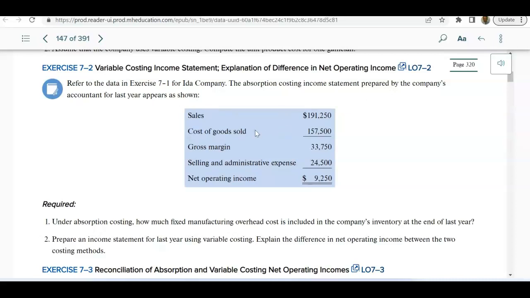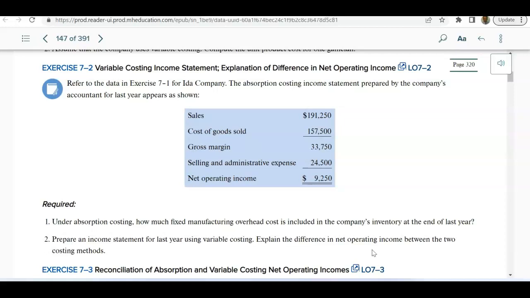Sales minus cost of goods sold gives you gross profit. Gross profit minus operating expenses gives you net operating income. Under the absorption costing, how much fixed manufacturing overhead cost is included in the company's inventory at the end of the last year? Prepare an income statement for last year using variable costing. Explain the difference in net operating income between the two costing methods.